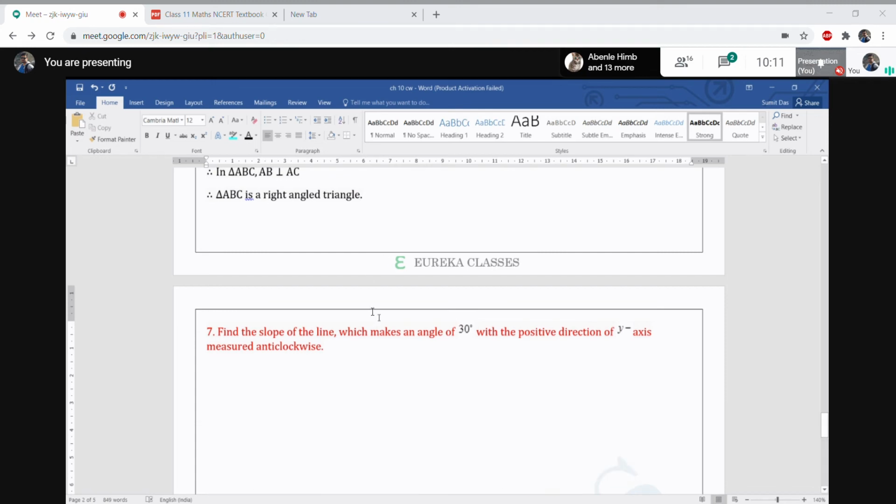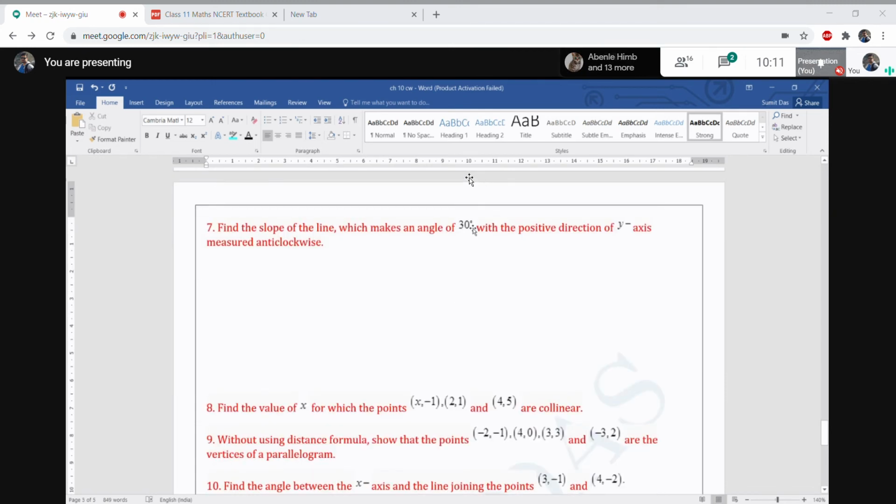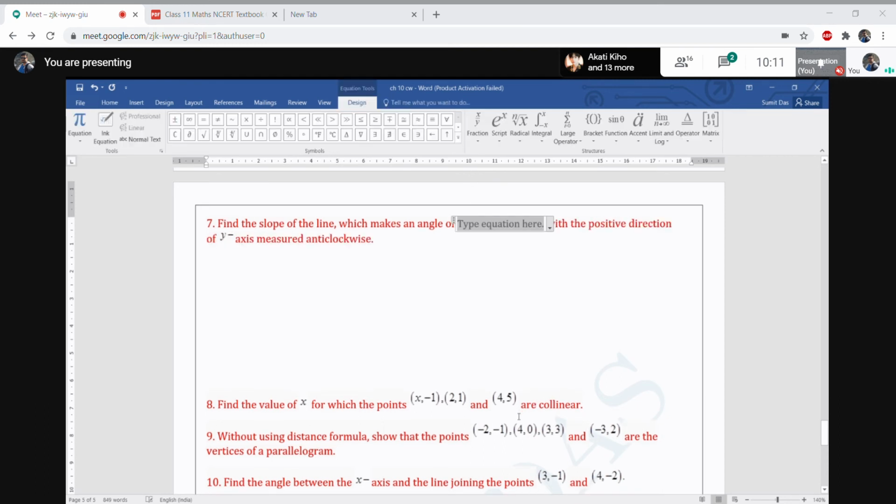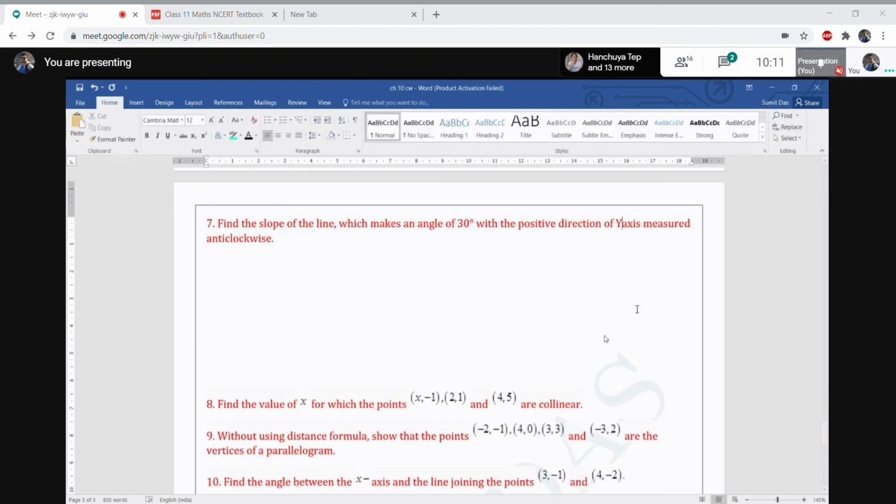Find the slope of a line which makes 30° with the positive y-axis, measured anti-clockwise. For this one, let me draw the diagram.